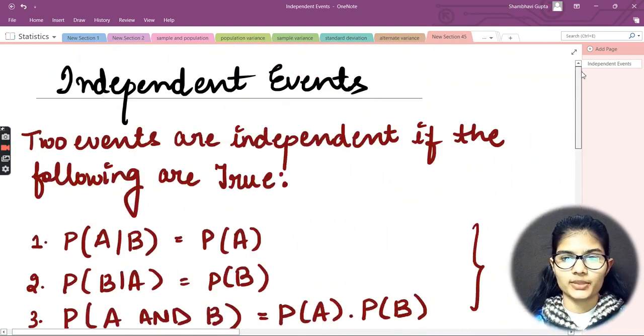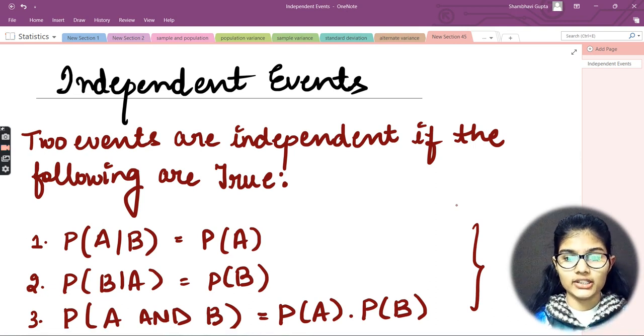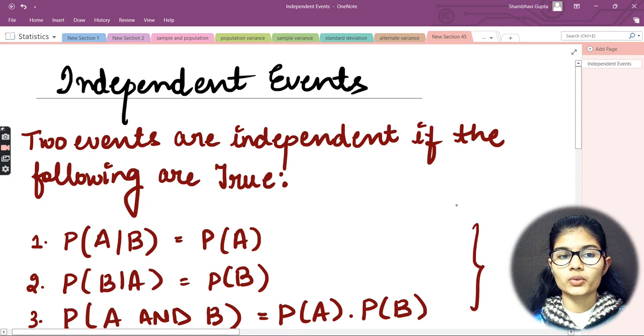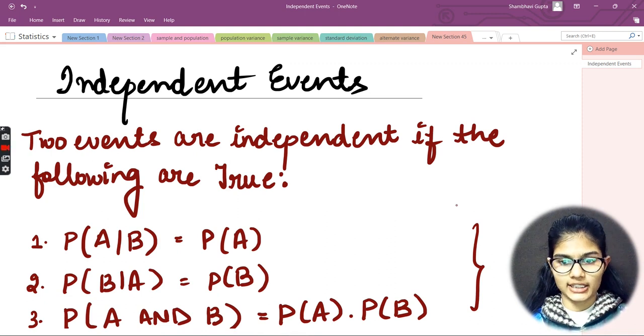Great, I hope I'm clear on what independent events are and what conditions must be satisfied and true for making an event independent.